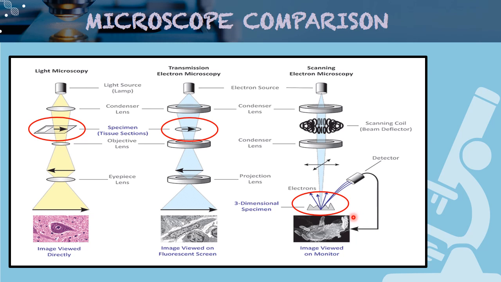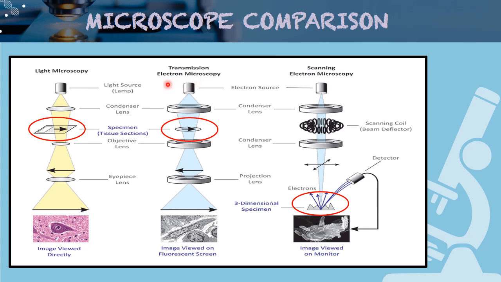Other than that, the differences between these three microscopes are in the source of the wavelength. The light microscope uses light, whereas the TEM and the SEM use electrons.